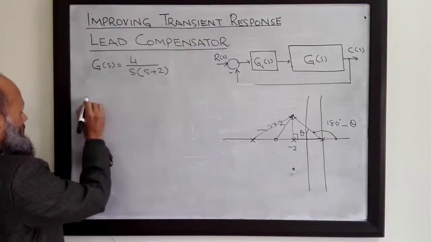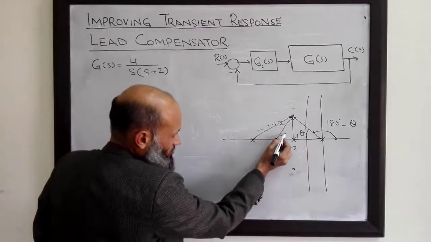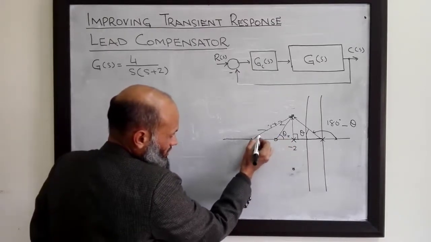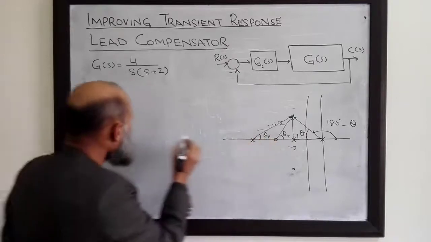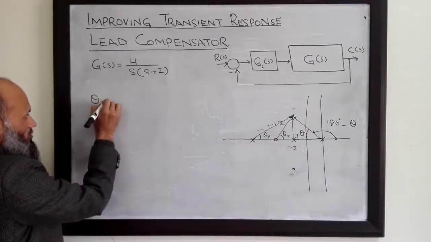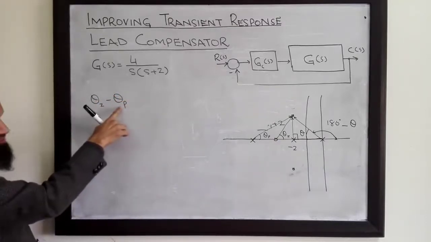So we have the angle due to this 0, let's call it theta 0, and this angle theta pole. We need to determine these angles, theta 0 minus theta pole, the angle due to the 0 and the angle due to the pole.